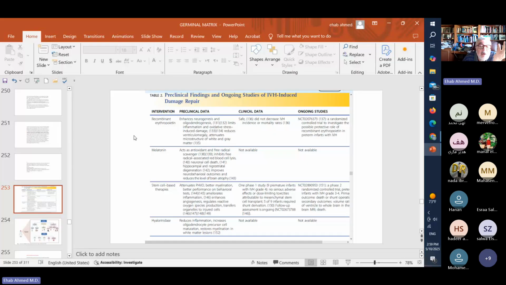They use recombinant erythropoietin, melatonin, stem cells, and hyaluronidase, but all of these are still experimental, and they are not standard of care.